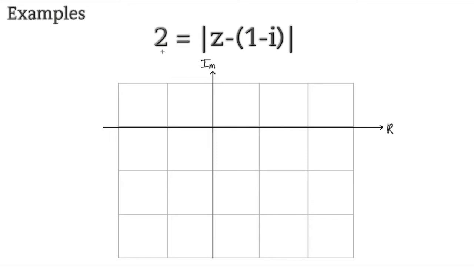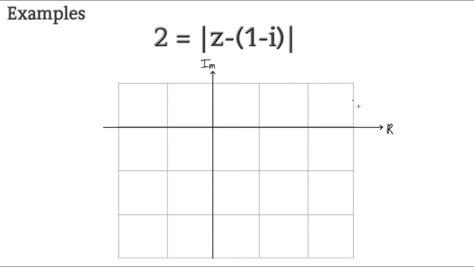So if the complex number z is defined as shown right here, then the modulus of the difference between 1 take I and z is 2.